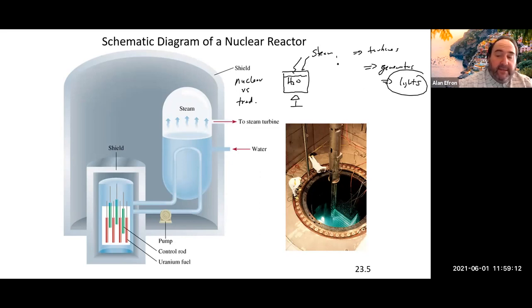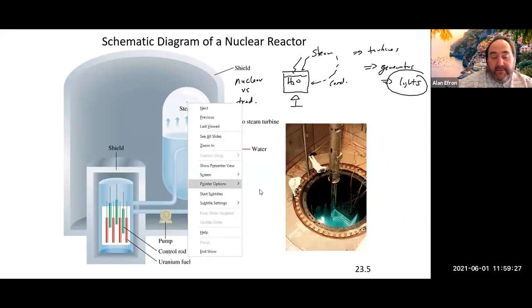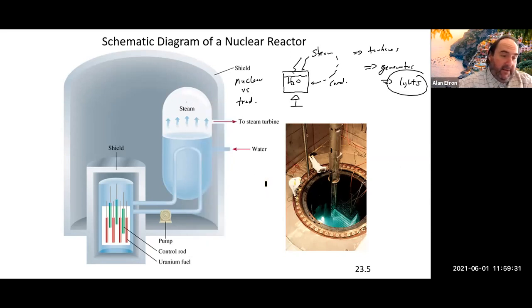Also, if you go through condensation and condense down that steam, you get the water and get this nice cycle in terms of how power is generated. Now, the real main difference between a traditional and a nuclear power plant is this part right here, how you heat the water.